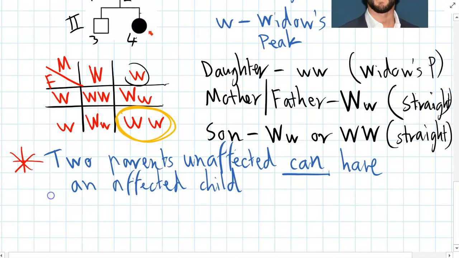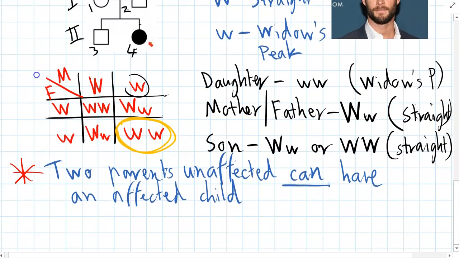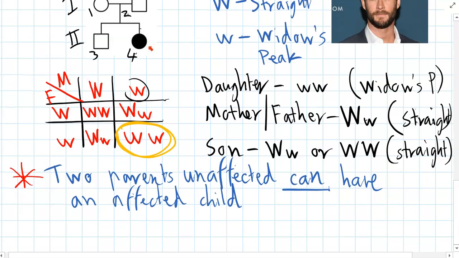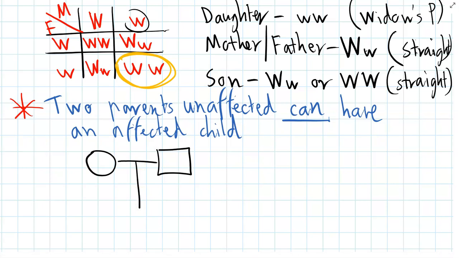Well, let's figure out, lastly, how we know that it's not dominant. So if this widow's peak was dominant, and we had two parents that are unaffected, then there's no way they could have an affected child.